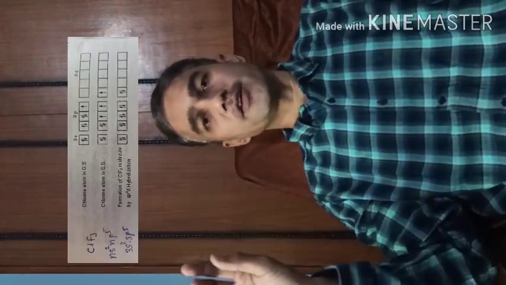If you consider the above diagram, the ground state electronic configuration consists of 2 electrons in the s atomic orbital and 5 electrons in p atomic orbitals, that is 2, 2 and 1 in the p atomic orbitals.